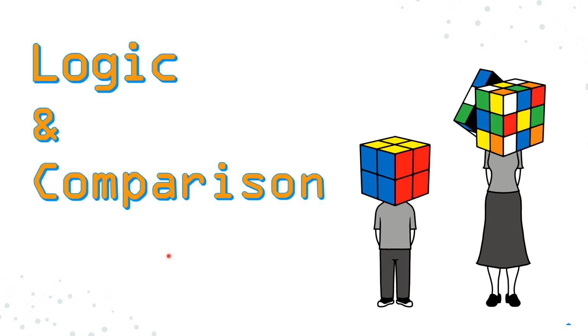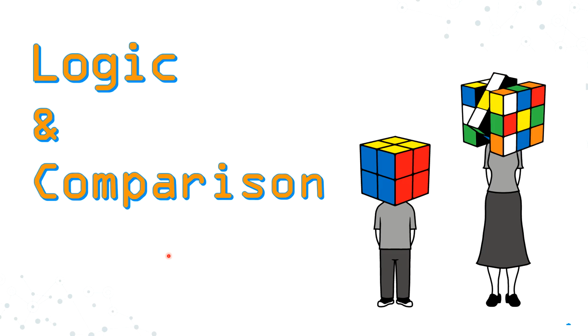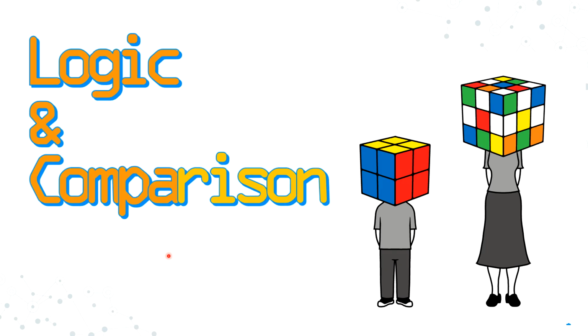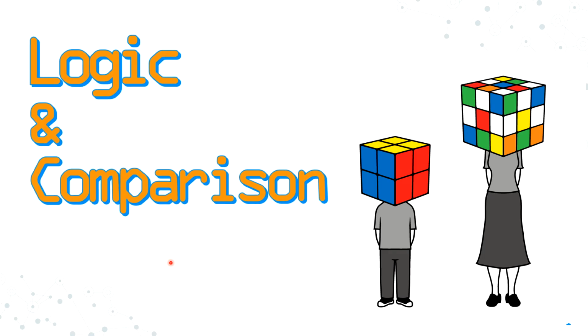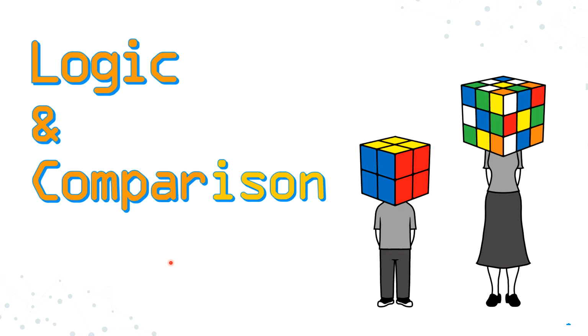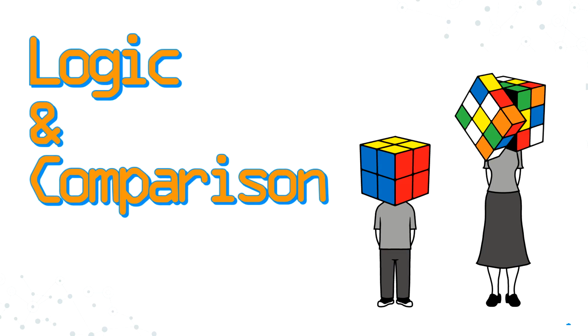By the end of this session, you will learn how to give your programs a brain using logical operators so they can compare values, evaluate multiple conditions, and ultimately make decisions. So let's dive right in.